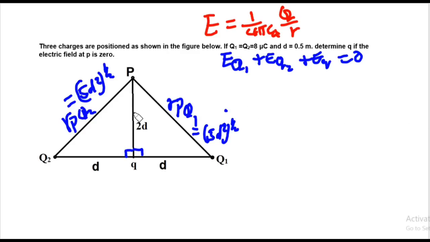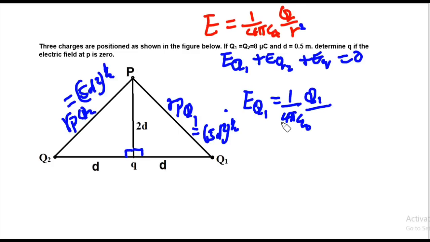Since electric field is a vector quantity, let us give it a direction. So the electric field due to Q1 will be, according to this, 1 over 4 pi epsilon 0, times Q1 upon the distance squared.